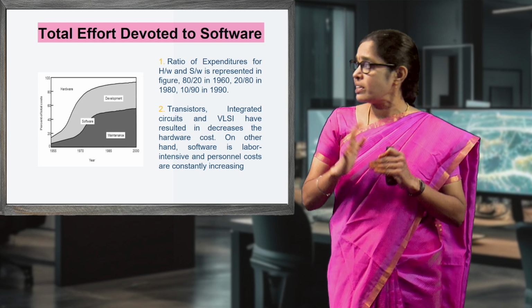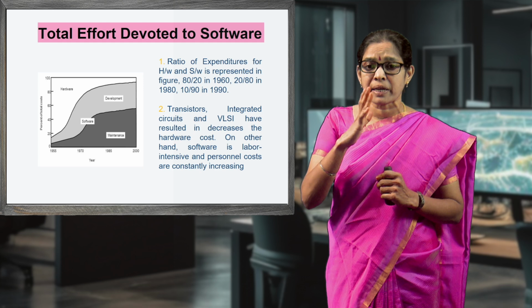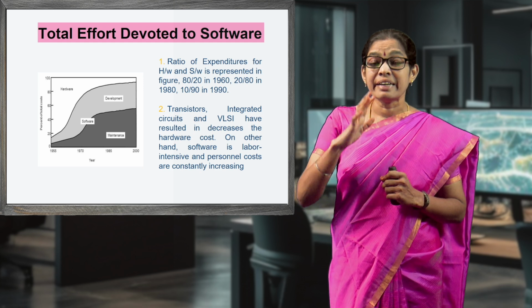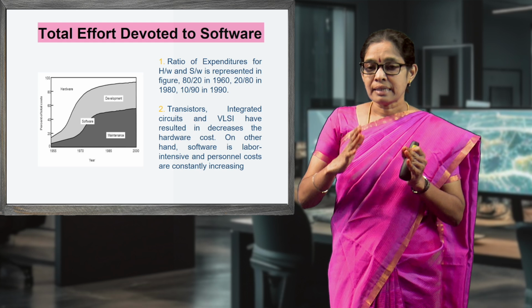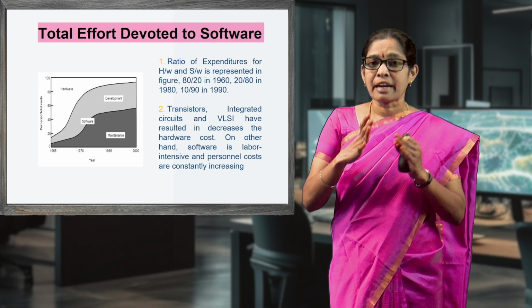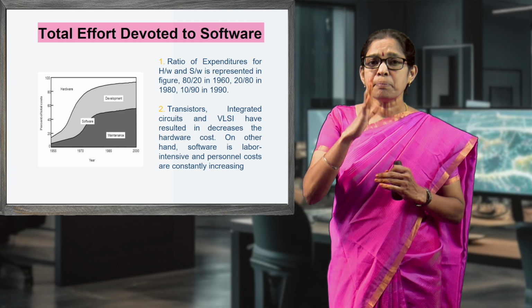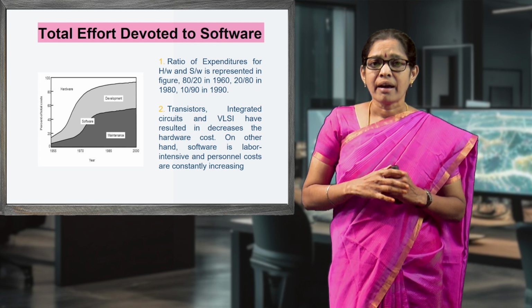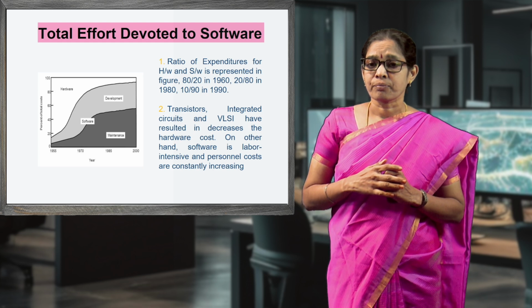Later it was reversed, like 20/80: 20% spent on hardware and 80% on software. Then in 1990, the ratio was 10/90: 10% spent on hardware and 90% on software.